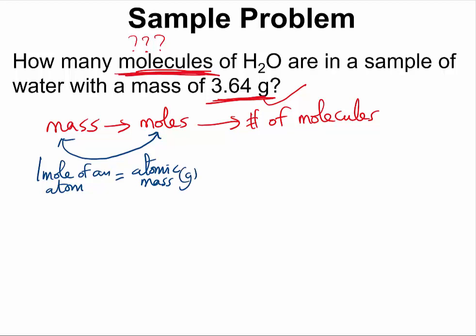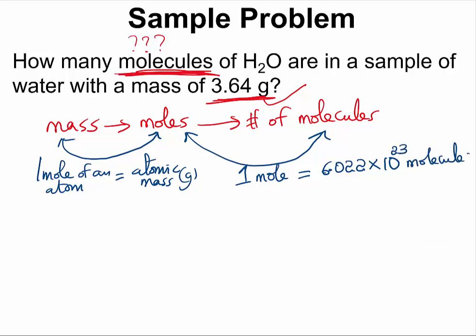The relationship between moles and number of molecules, we know that as well. We know that 1 mole of a substance will contain 6.022 times 10 to the power of 23 molecules. So for this question, we will first convert the mass of water given to us to the mole and then to the number of molecules.